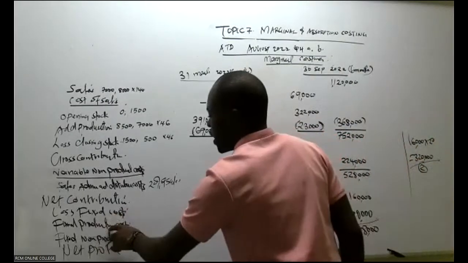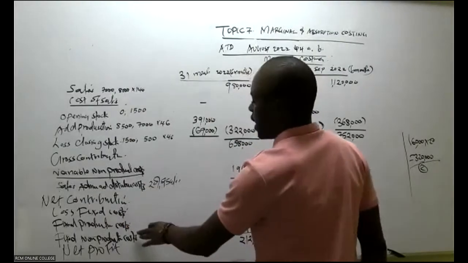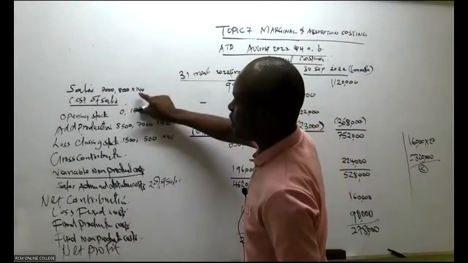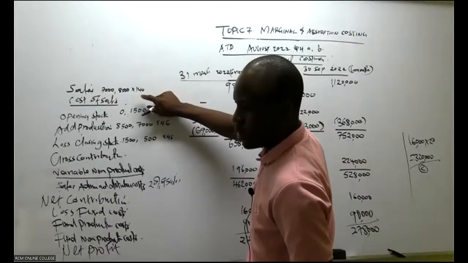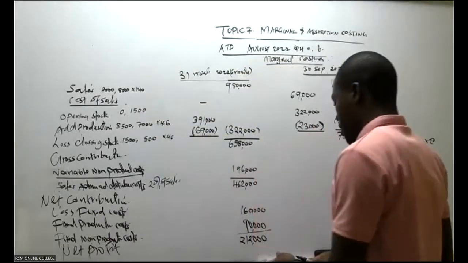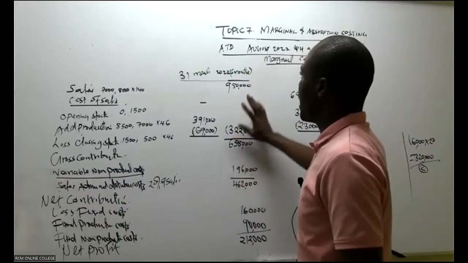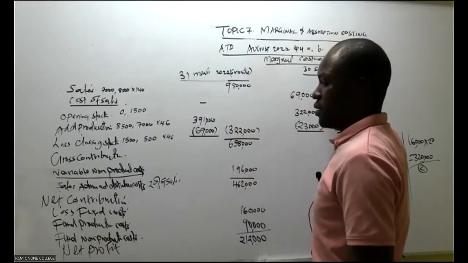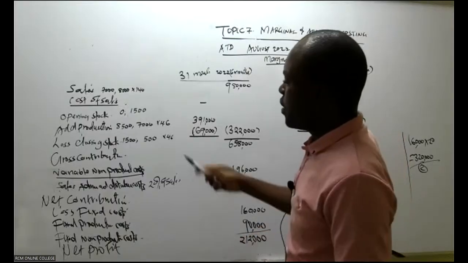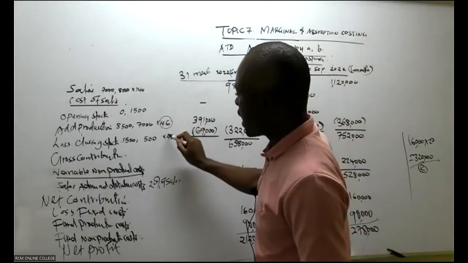The fixed production costs are being taken as an expense. They do not form part of the product cost. So that is what we're supposed to do under marginal costing. As we've seen, the production cost is 46 under marginal.